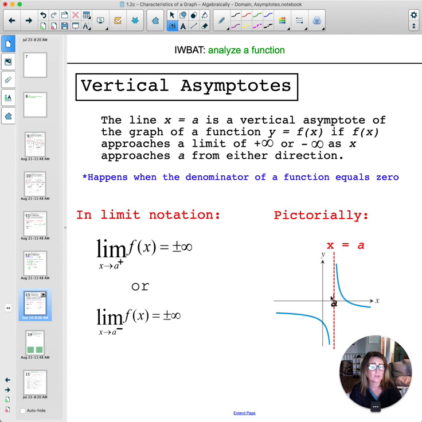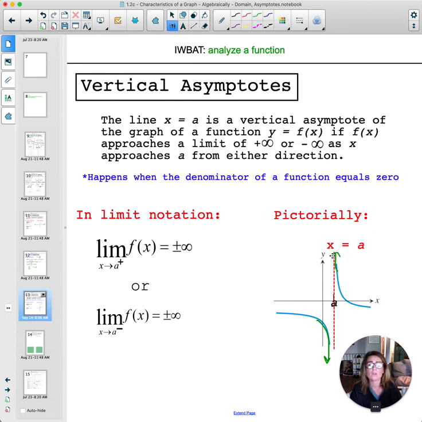On either side of a, the graph is getting really close to it and going towards infinity or negative infinity, either one.